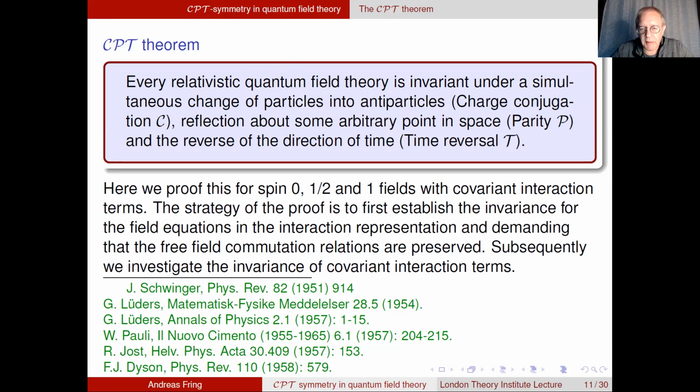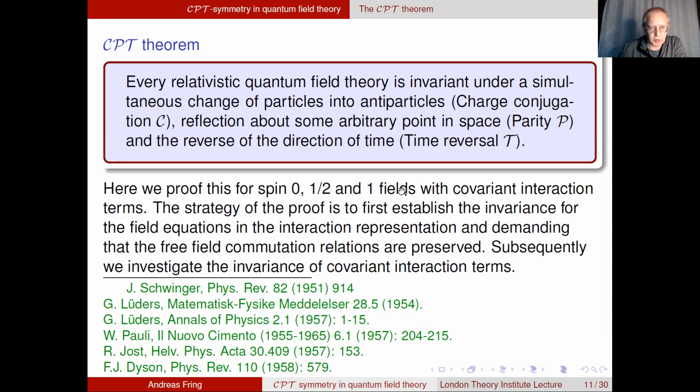So the strategy is to first establish the invariance of the field equations in the interaction representation that identifies how C, P, and T will act on these particular fields, spin 0, spin half, and spin 1 fields. And then we can investigate some interaction terms.